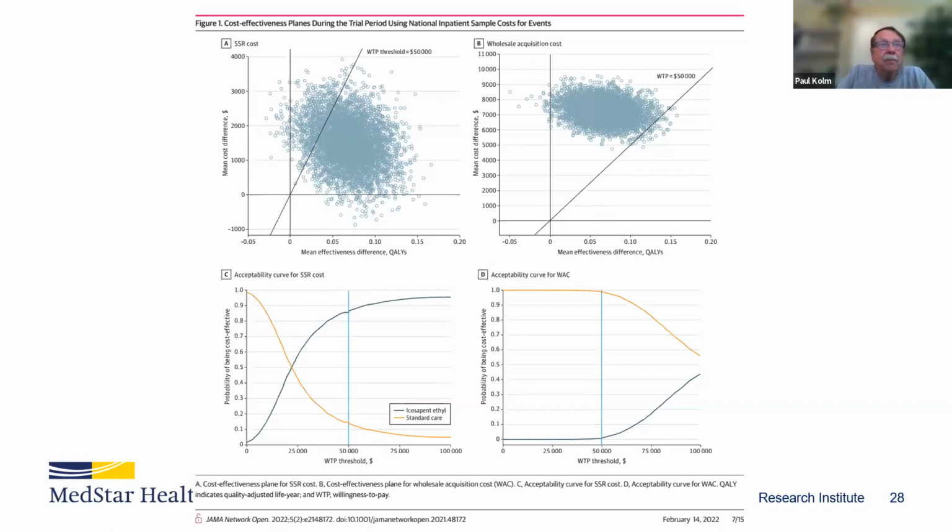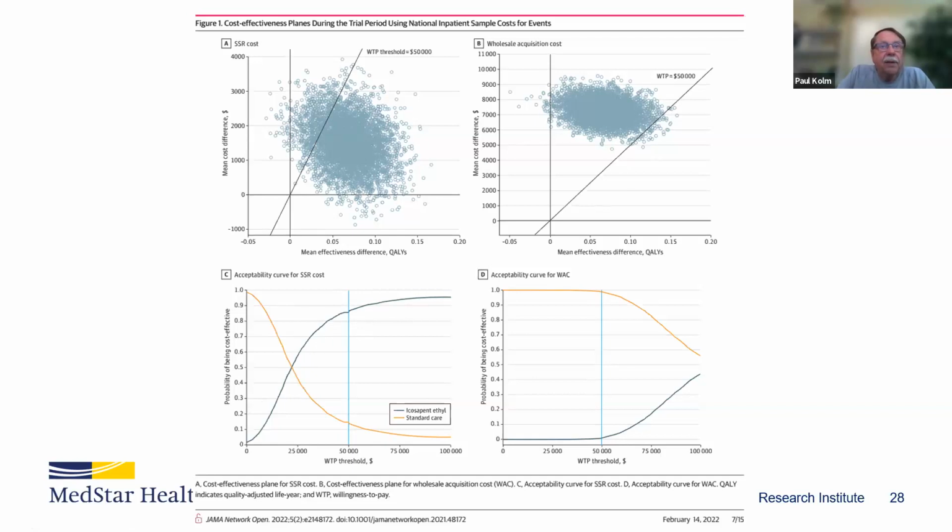And then the bottom here in panels C and D are acceptability curves. And so you can see here that for the IPE group, we have our $50,000 threshold. About what we saw is about 85%.